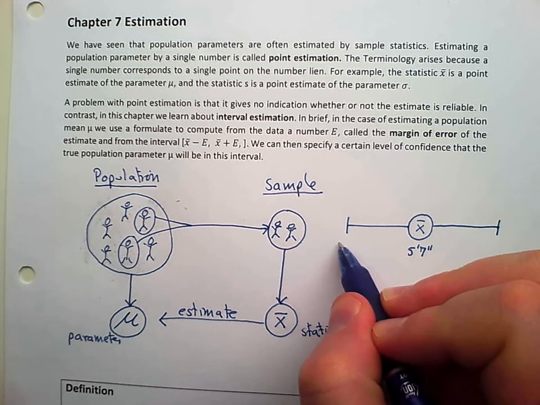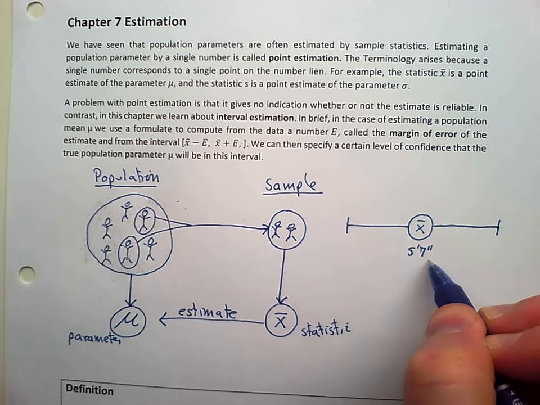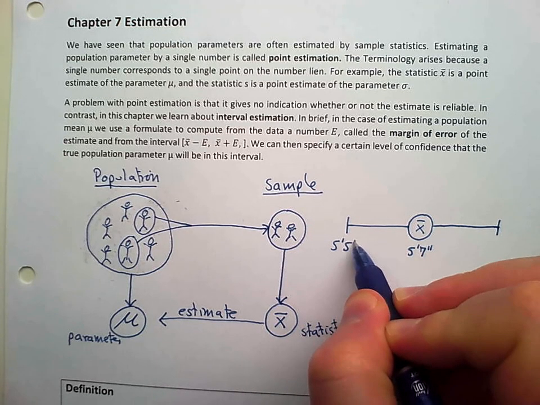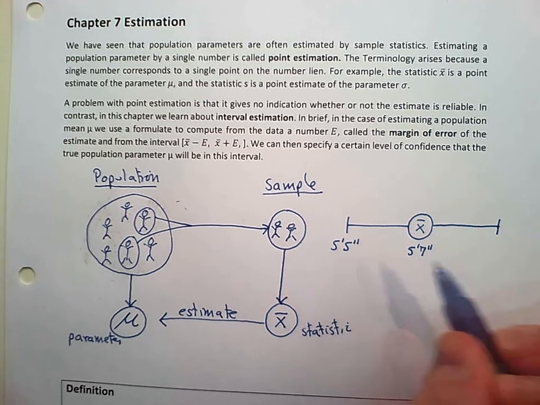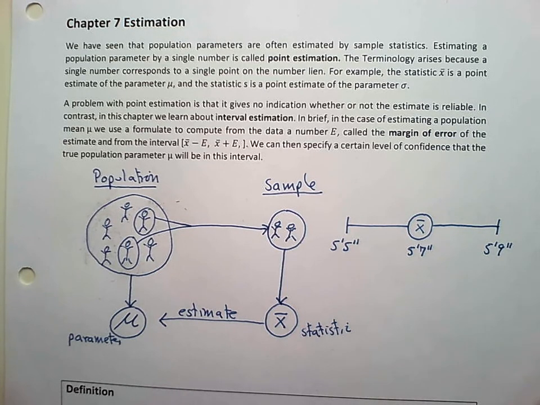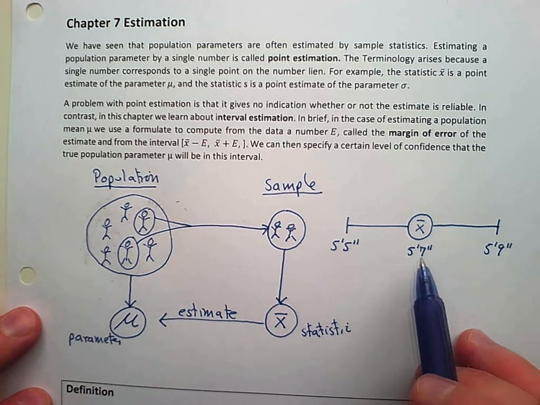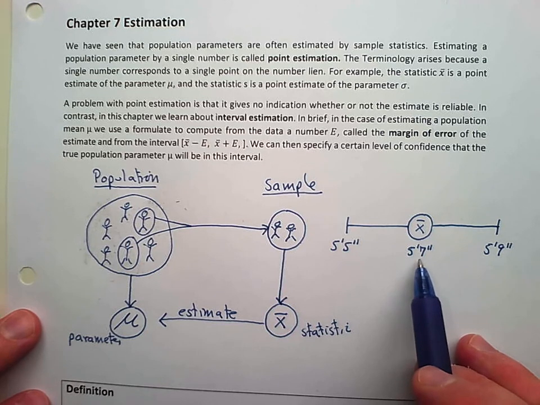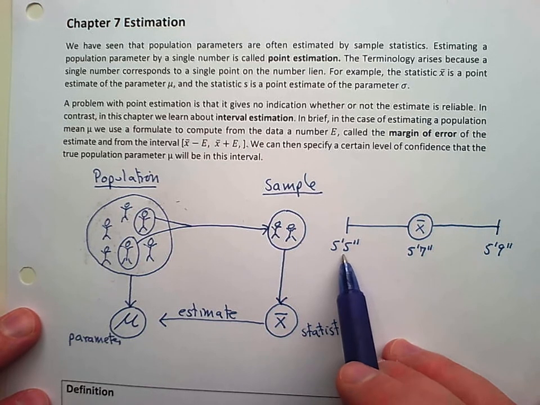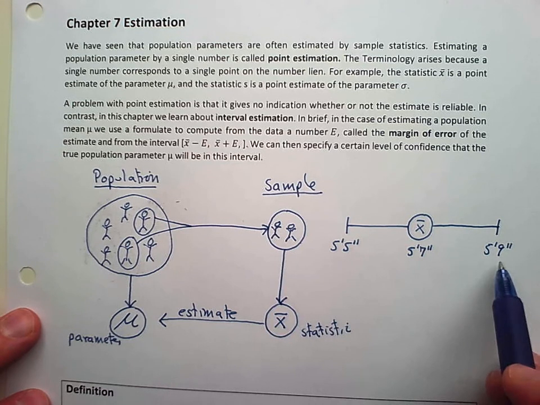So let me say that I think that the average height is 5'7", but I'm pretty sure that the average height is going to be somewhere between 5'5" and 5'9", right? So suppose somebody says, "Hey, I'm trying to figure out what the average height is of all students at UNC Charlotte." You could then give that person the answer that I think the average height is 5'7", but I'm pretty sure it's somewhere between 5'5" and 5'9".